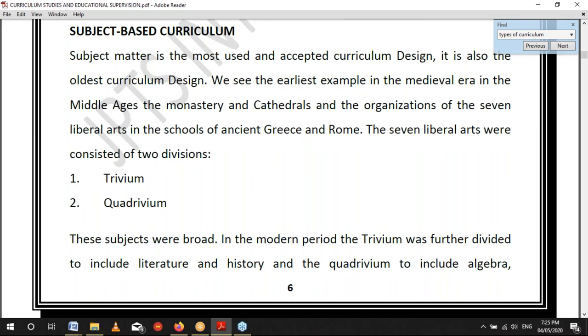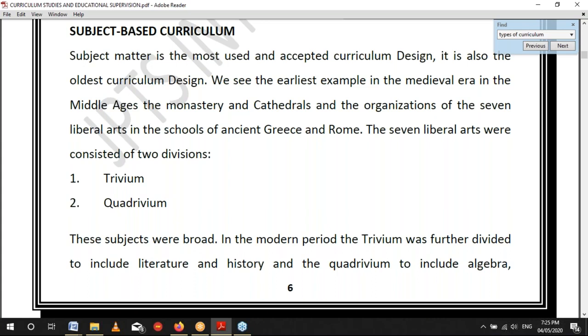Every teacher tries to teach his or her own subject.